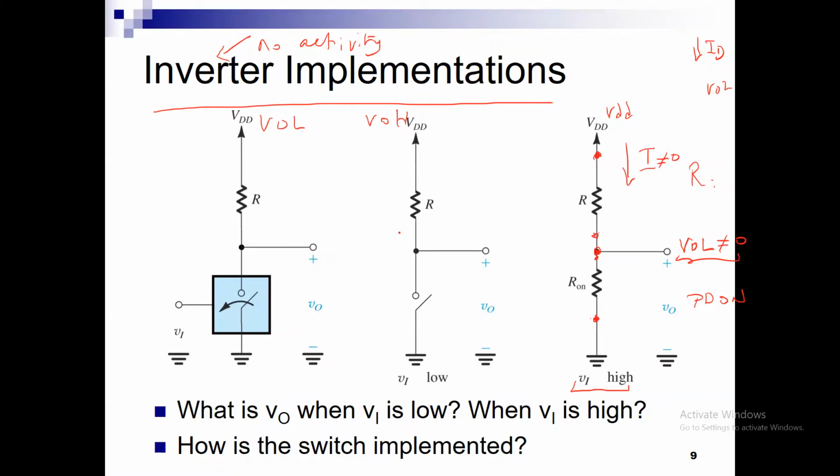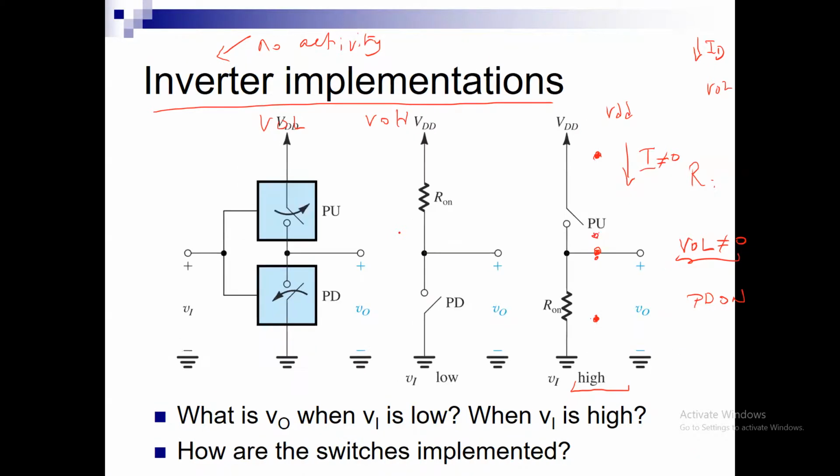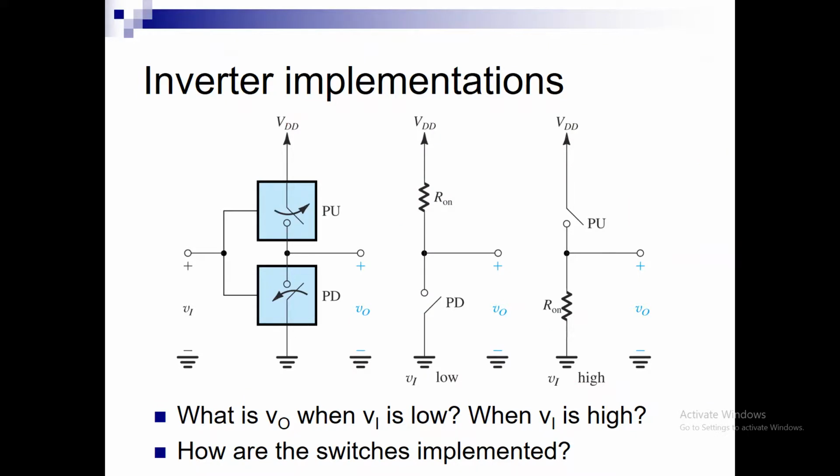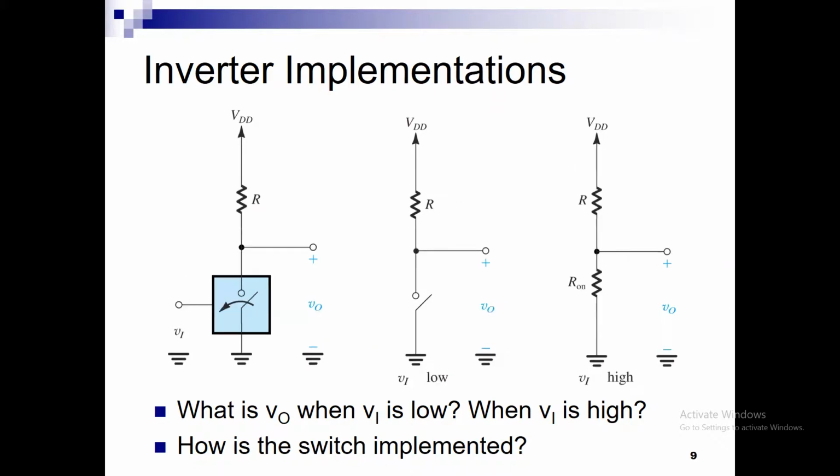Now, the scenario in which I will not have a path between VDD and the ground is where the pull-up is off, and its current is zero, and therefore VO is connected all the way to ground. So VOL here is zero, right? In this scenario, my current will be zero. Let us look at the same resistor-based inverter.